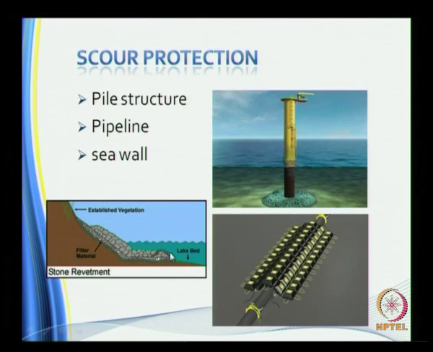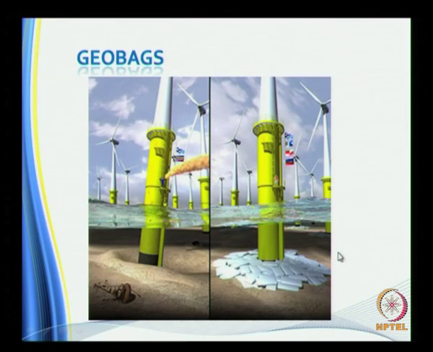Or you can have a stone revetment in order to prevent the slope erosion or slow the scour around this, and you can also have vegetation here which is strongly recommended. This is for the case of a pipeline, you have a kind of mattress.